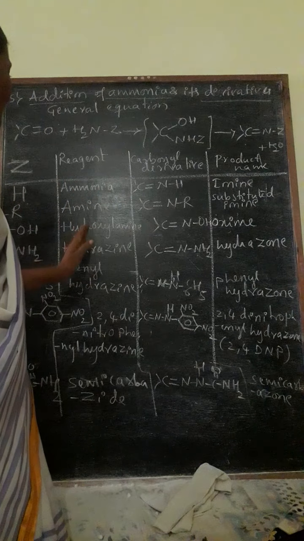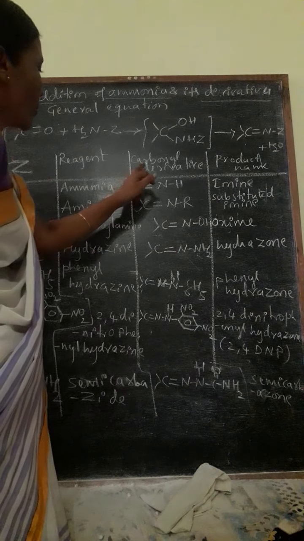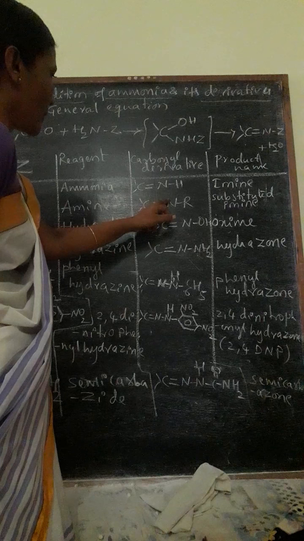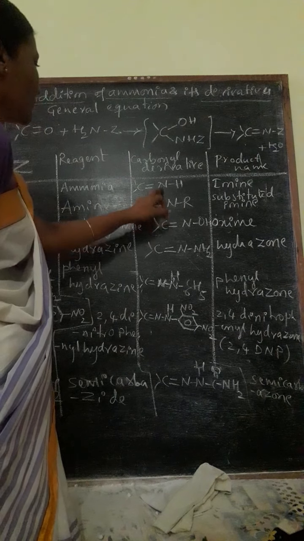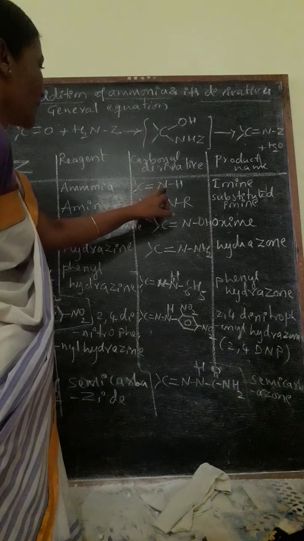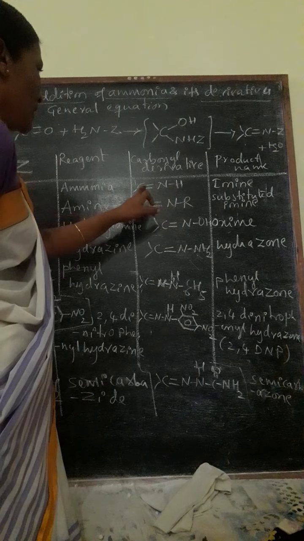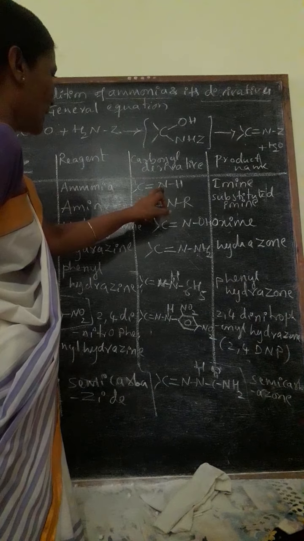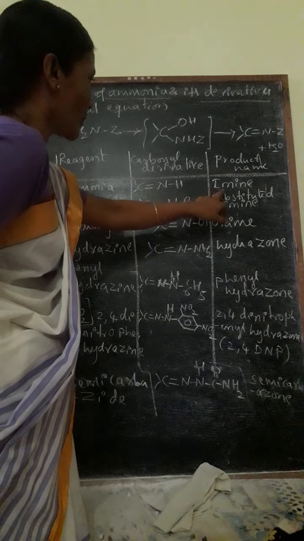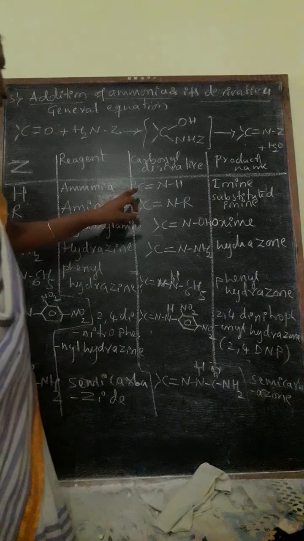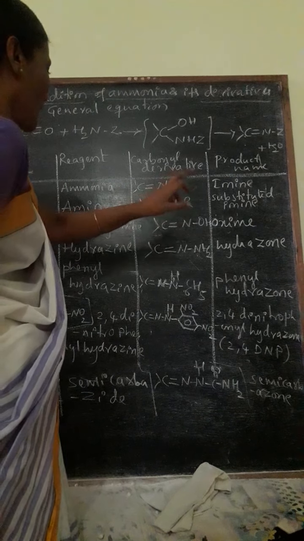Now, if these reagents are substituted to aldehydes or ketones, what is the derivative form? The possible product is C double bond NH. Wherever C double bond N is there, such compounds are known as imines. Already we have discussed it in Stephen's reaction, the imine formula.